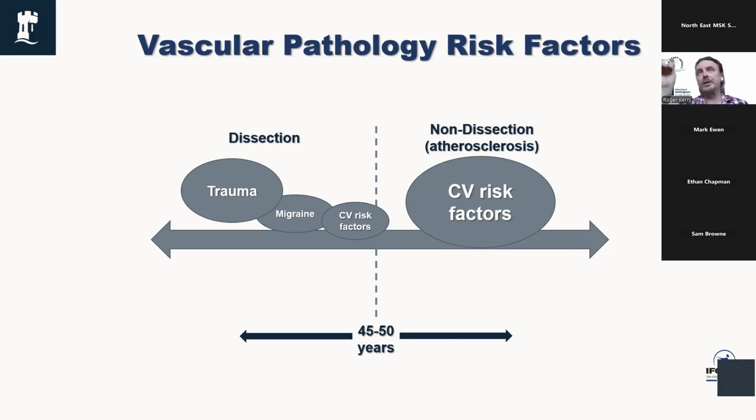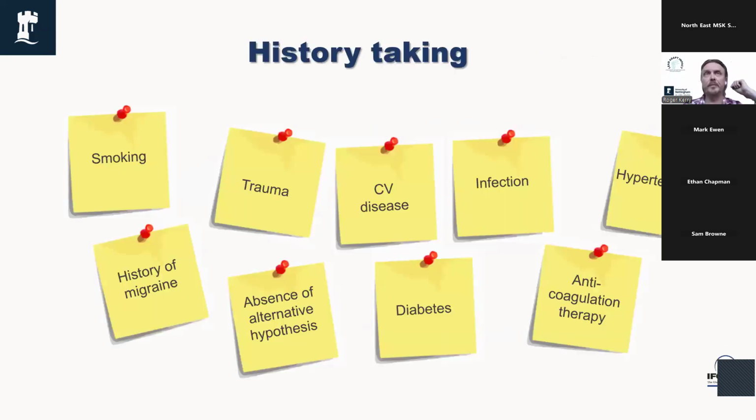And then it's establishing the cardiovascular risk factors for the other people. Those cardiovascular risk factors are the usual things like smoking. So we can classify trauma as a cardiovascular risk factor in so much as it can injure the inside of a blood vessel.